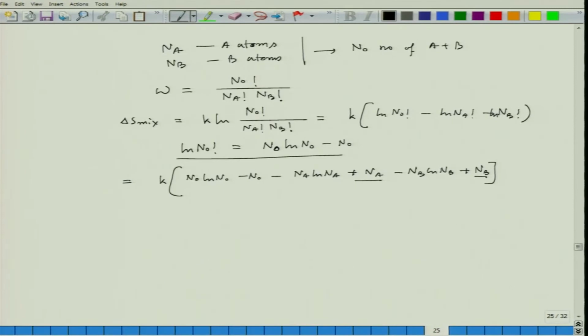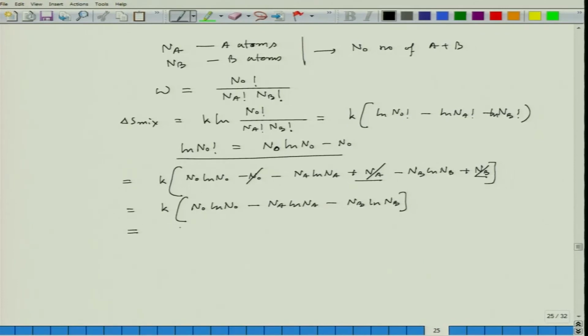So, I can cancel out these three quantities. Then we are left with Nb.